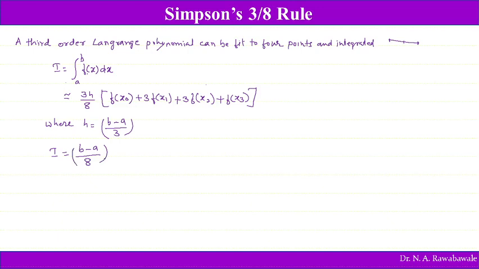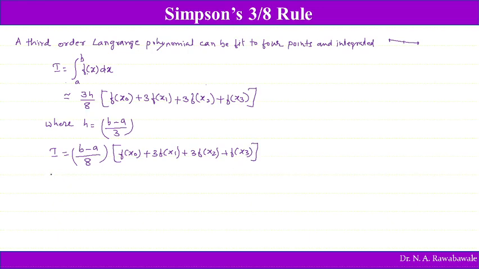So this is b minus a divided by 8 into f of x naught plus 3 times f of x1 plus 3 times f of x2 plus f of x3. So this is Simpson's 3/8 rule.